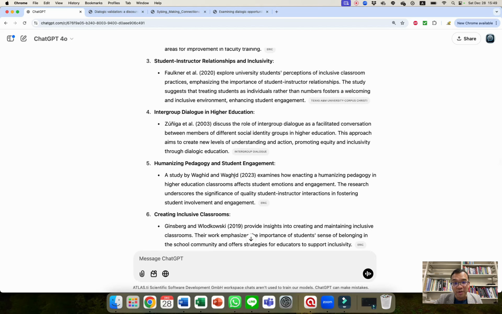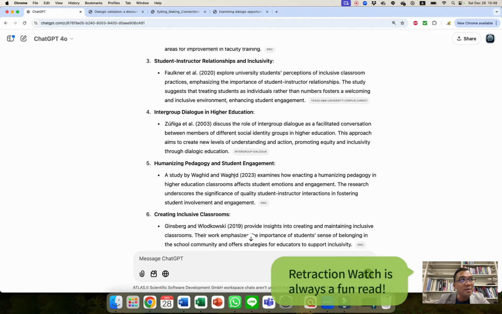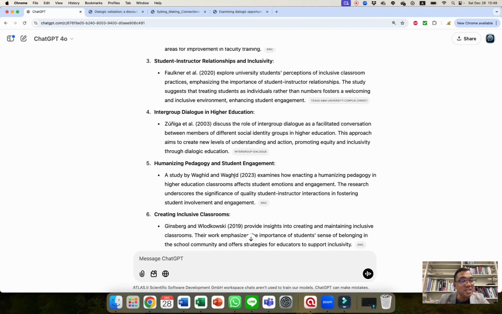Make sure that you look for it yourself. Make sure that those sources actually exist, because scholars have gotten in trouble even within the last 2 years for citing sources that ChatGPT has provided but don't exist.